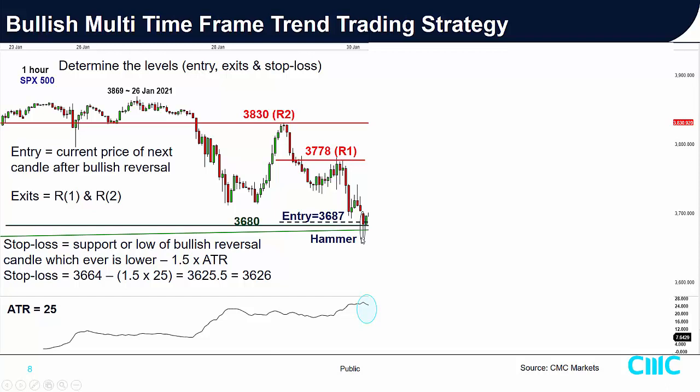Since the low of this candlestick pattern is much lower than 36.80, to be prudent, I will take the low of this bullish hammer candlestick pattern, which is at 36.64, minus the factor of 1.5 multiplied by 25 points, which is the current ATR at this moment in time upon entry. This gives me 36.25, so I round up to 36.26. So this will be my stop loss.